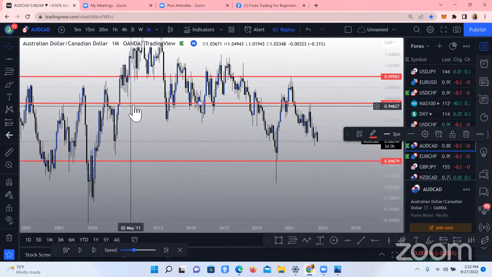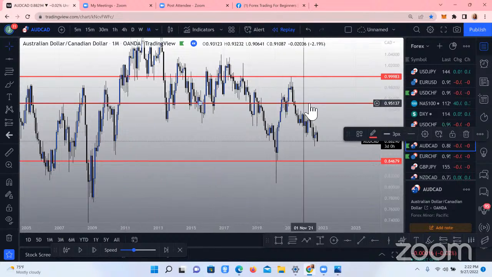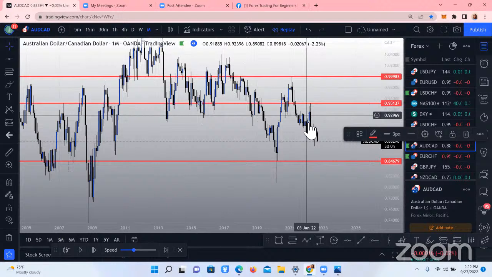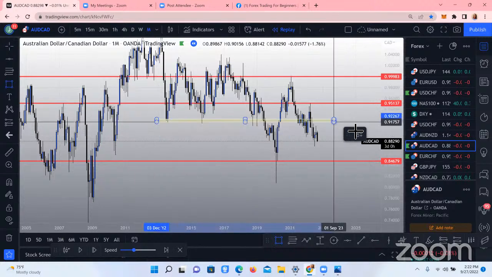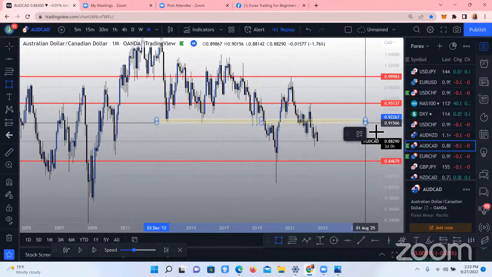We see some resistance up here where our red line is, but we want to get that closer to current price. So right here I see some areas of resistance, and I'll take this little box and draw it in here to capitalize on this resistance.